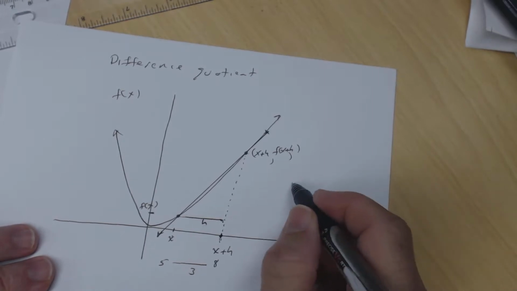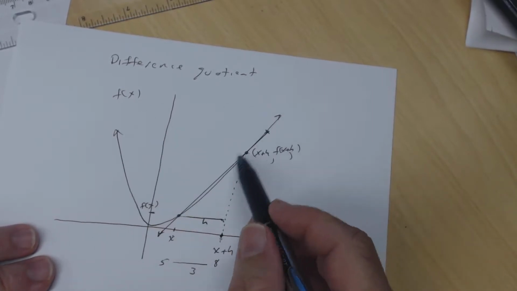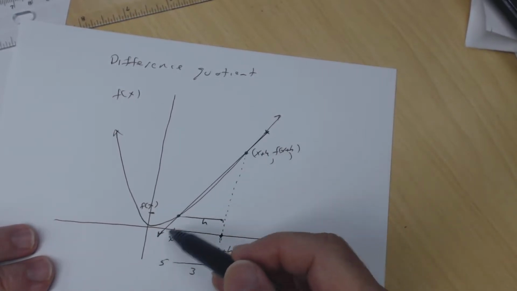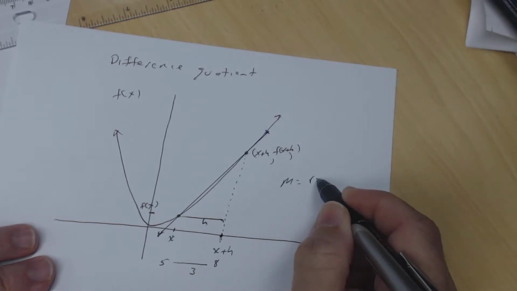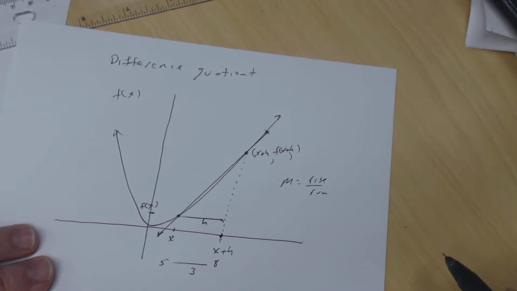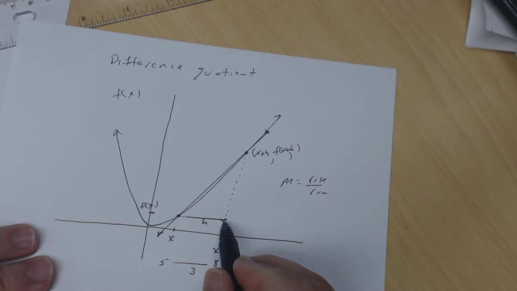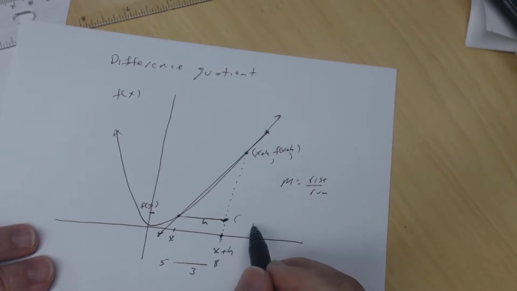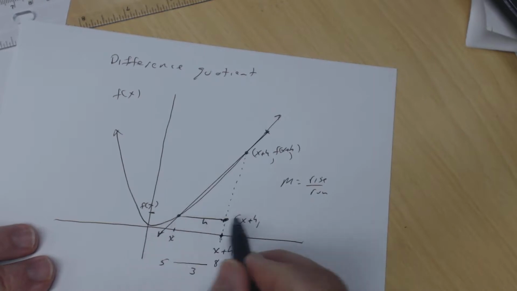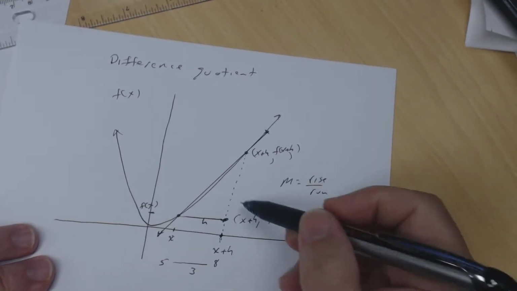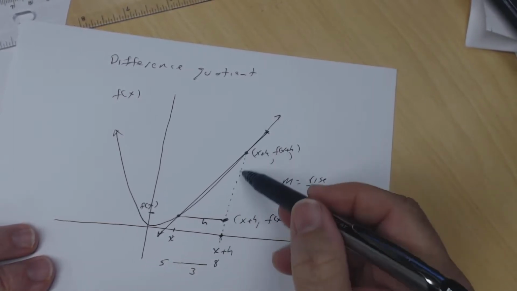Now remember, the difference quotient measures the slope of the secant line, so we're talking about slope. Slope is rise over run. Now this point here, the x-coordinate is x plus h, and the y-coordinate is f of x plus h.